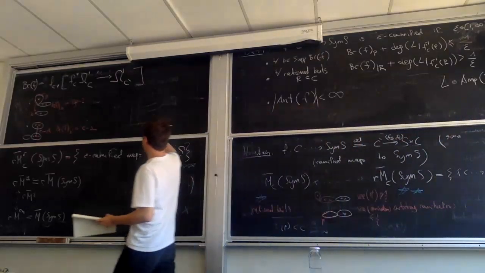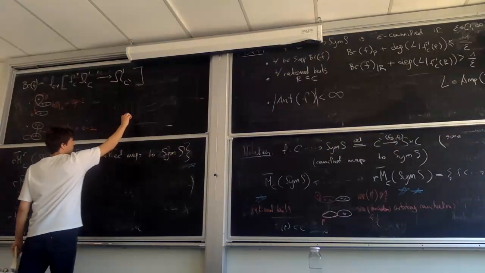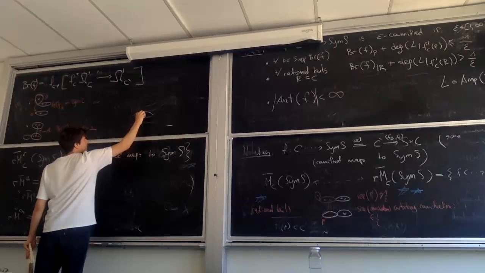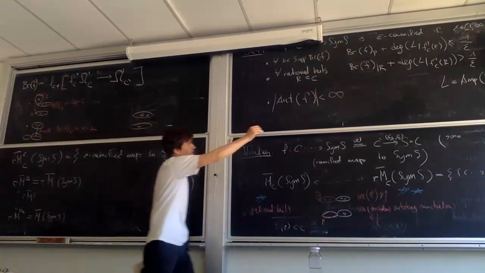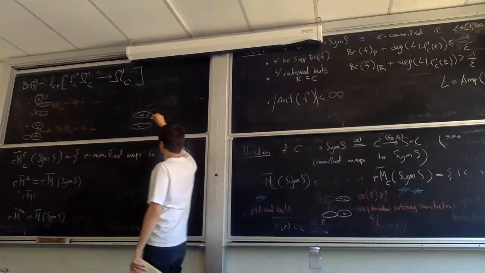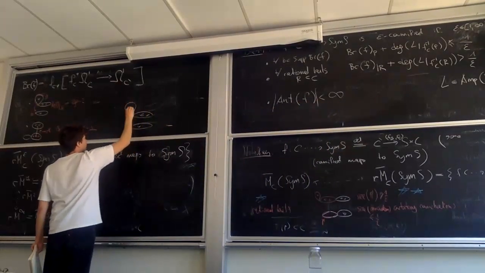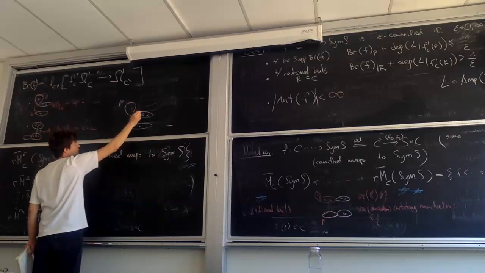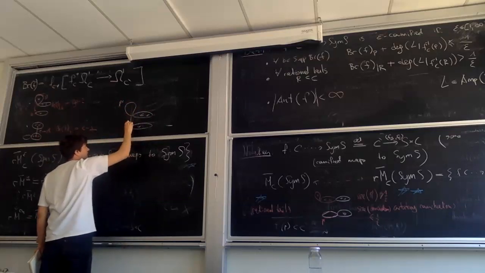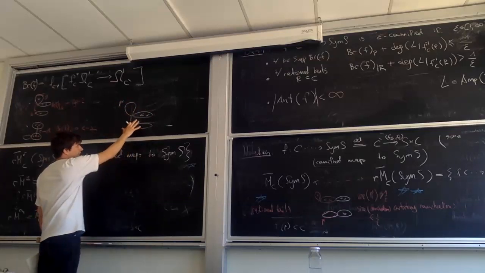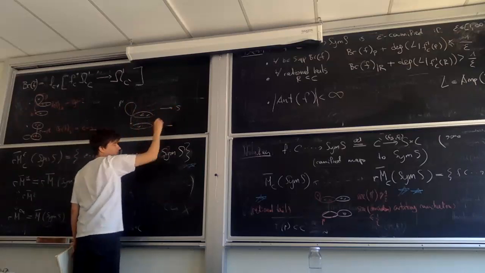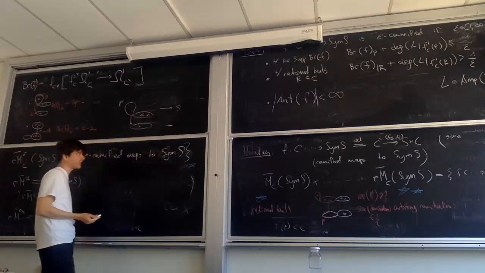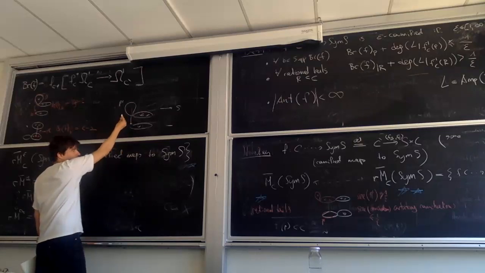Well, you have now situations where, for example, you have a P1 over here. It contracts. If you don't have a target, this is not allowed. But if you have a target now, this P1 might map non-trivially to the target S. So you have to take that into account.